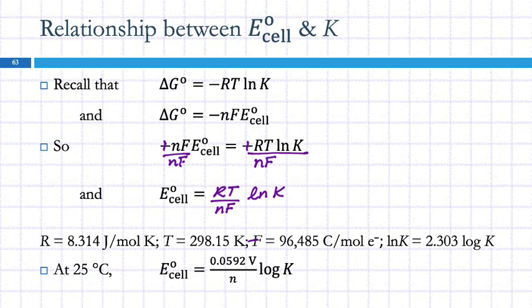So most of these types of calculations occur at room temperature, and so we can treat the temperature as constant, R is a constant, F is a constant. So instead of multiplying and dividing by these same numbers over and over again, we're going to lump them all together. So R is 8.314 joules per mole Kelvin.